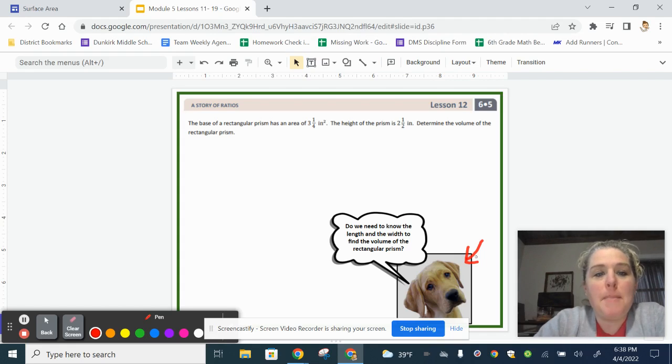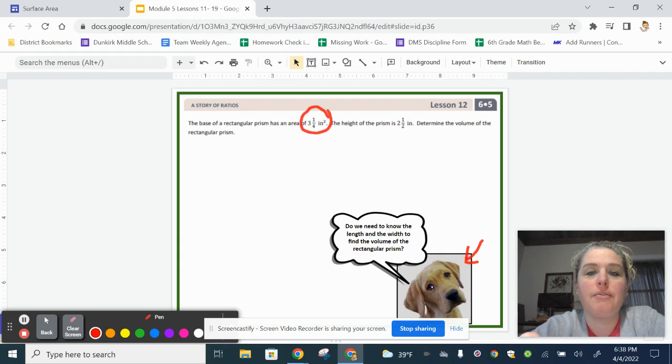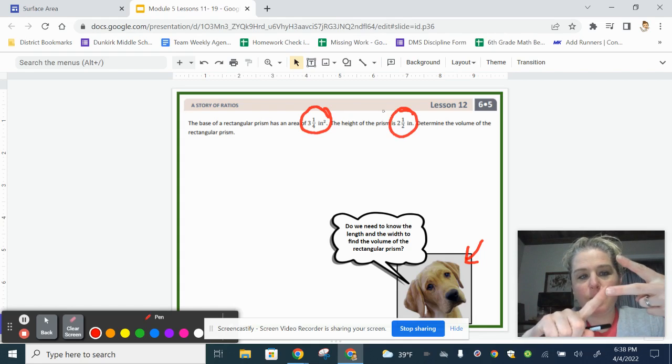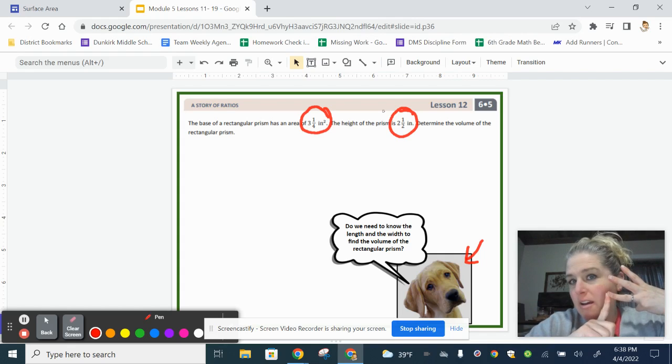Okay, the base of a rectangular prism has an area of 3 1/4 inches squared. The height of the prism is 2.5 inches. Determine the volume of the rectangular prism. So we have been given length, width, and height to determine volume so far.